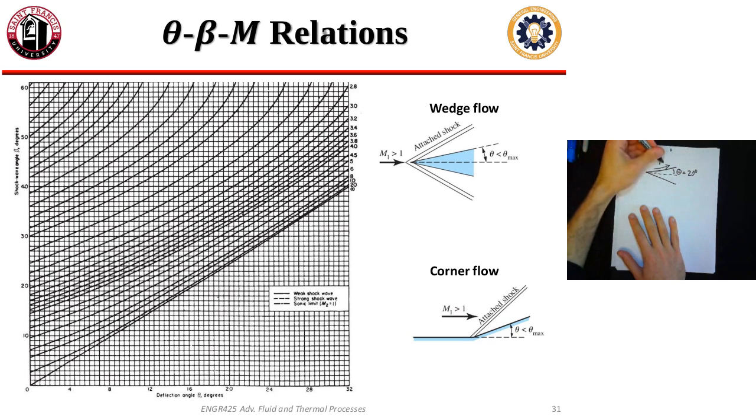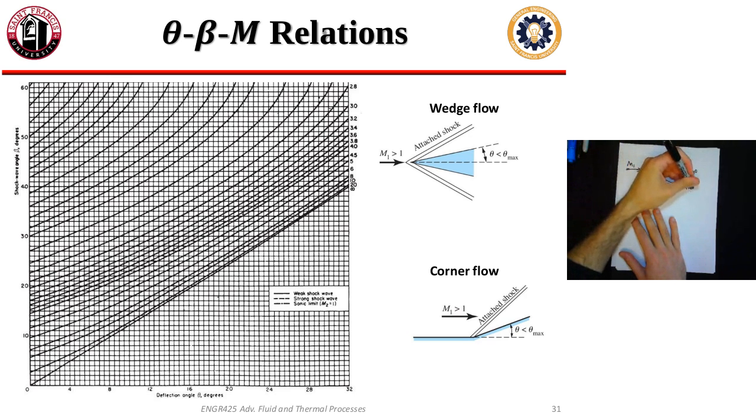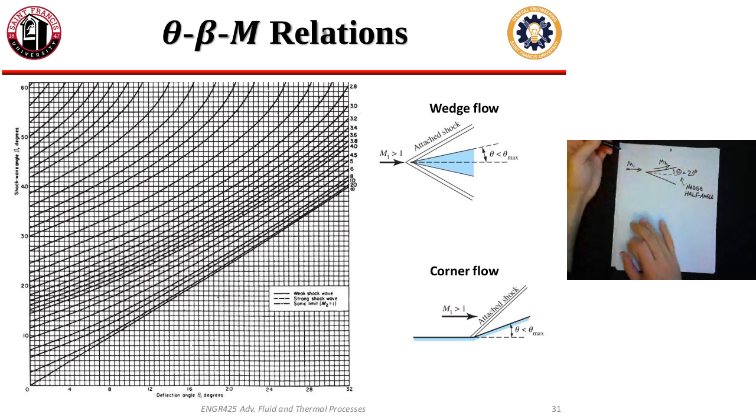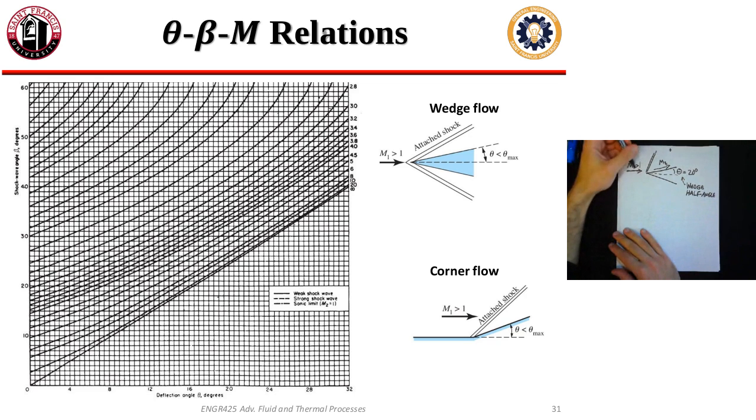That turning angle is also called the wedge half angle. So, question is, I have an incoming supersonic flow, let's just say it's coming in at Mach 2. It has to turn 20 degrees. What's my wave angle?